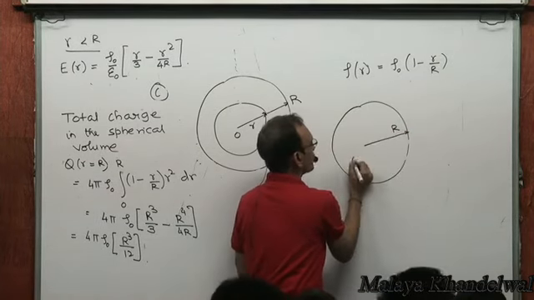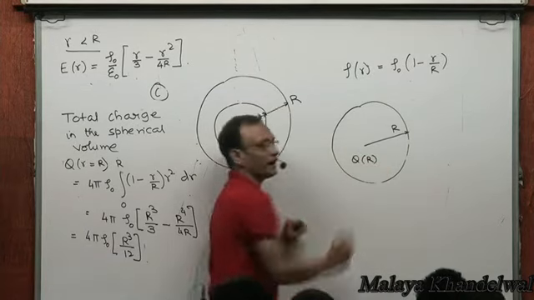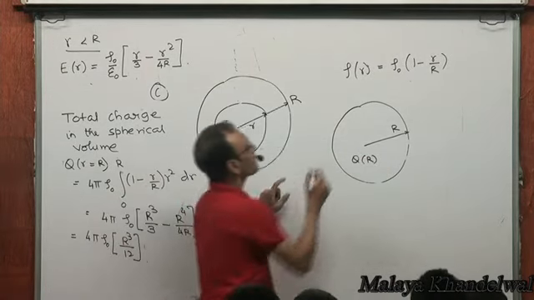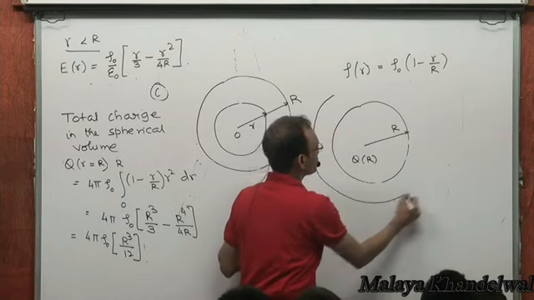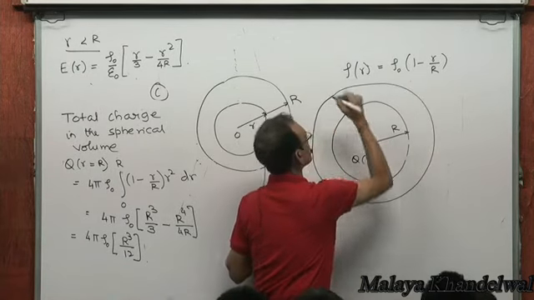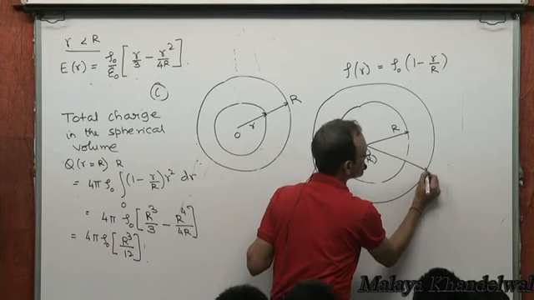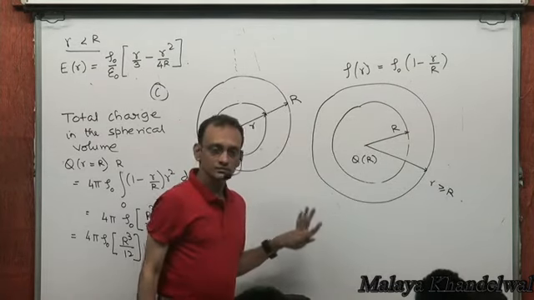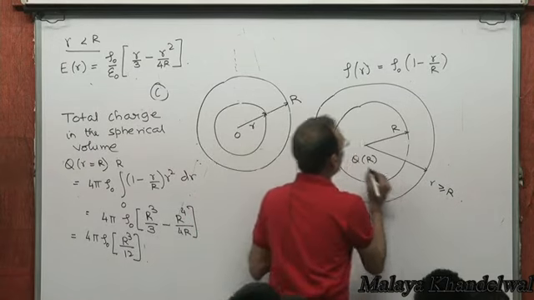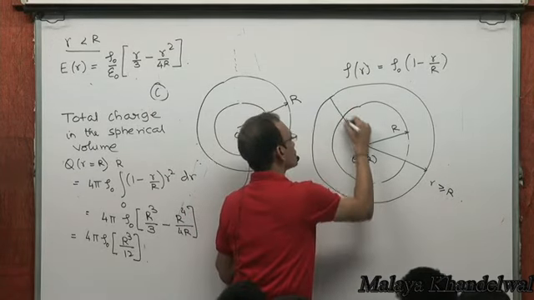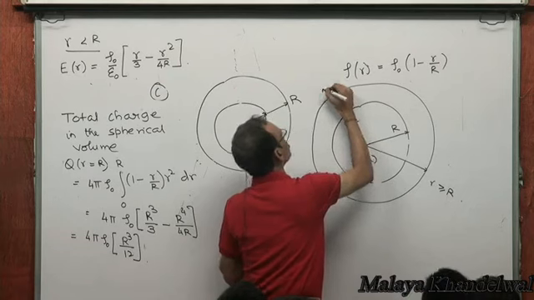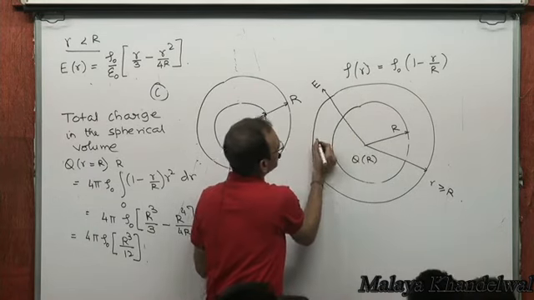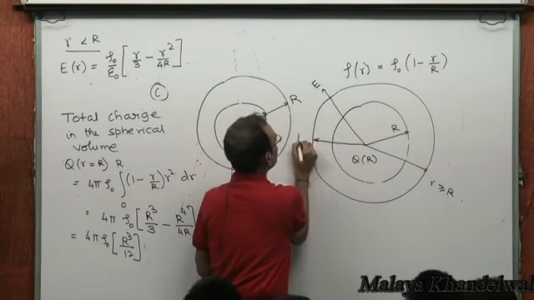And it has a total amount of charge q in R, right? Now let me imagine a Gaussian surface of radius small r greater than or equal to capital R, right? And now at every point of this Gaussian surface, electric field will be radially outwards, and since it's the same r, it will be equal in magnitude.